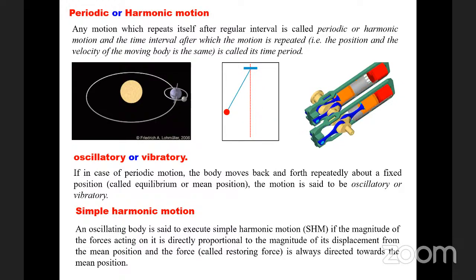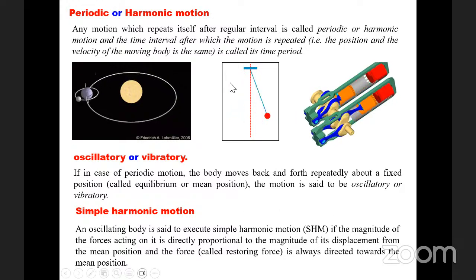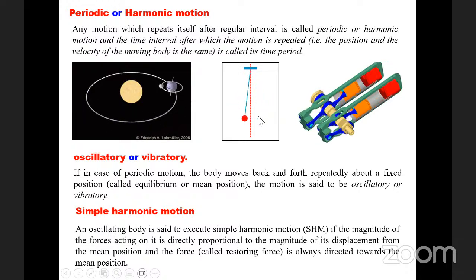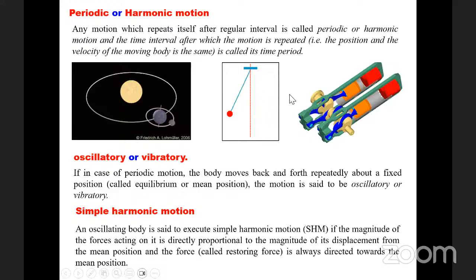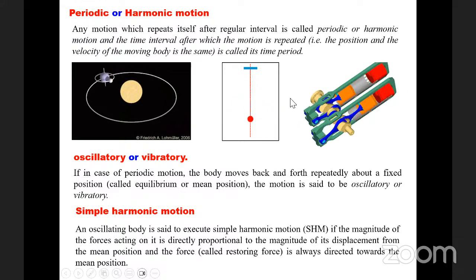What type of force is it? Restoring force. Why? Because in this pendulum, second figure, you are applying a force on the bob. The pendulum moves from the equilibrium position to the maximum displacement. Again, the pendulum does not keep moving in the forward direction.